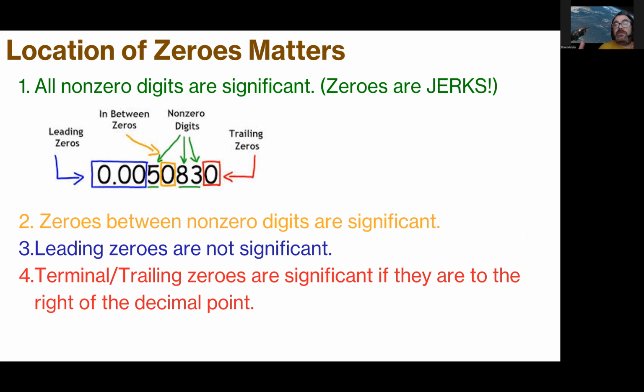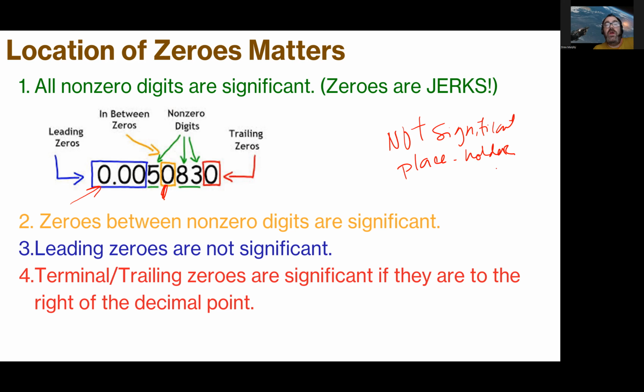If your zero is between the non-zero digits, it's going to be significant. So this zero that's here is significant because it's stuck between a 5 and an 8. Leading zeros are not significant. So these guys in the front, not significant. Not significant just means we're looking at placeholder zeros.